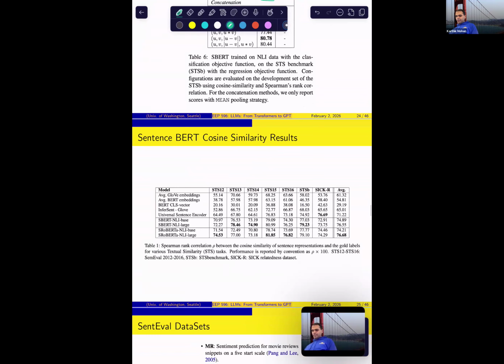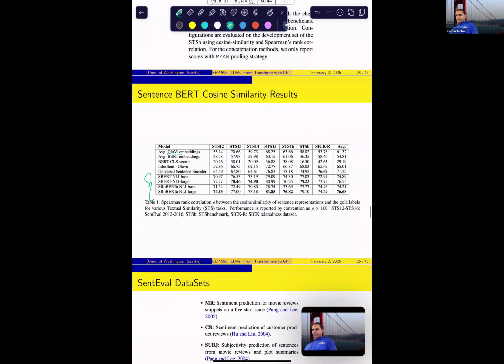They found really surprising results, right? When they use average GloVe embeddings versus average BERT embeddings, the BERT CLS vector, sentence BERT, and then there's also sentence RoBERTa, which is a variation of BERT. You see the numbers are trending much higher here.